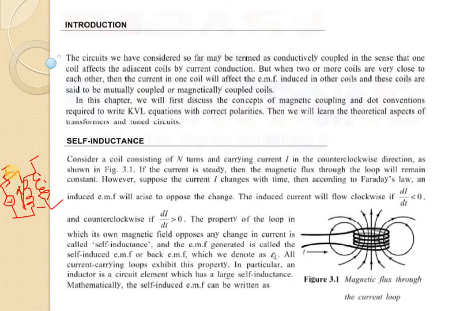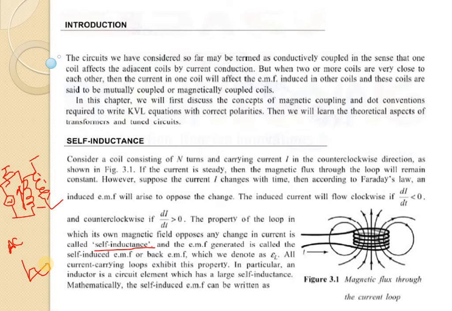The property of the loop in which its own magnetic field opposes any change in the current is called self-induction, or self-inductance. That means when an alternating current, AC current, is flowing through the coil, by its nature it is time varying.